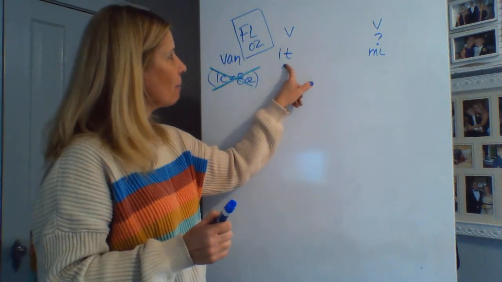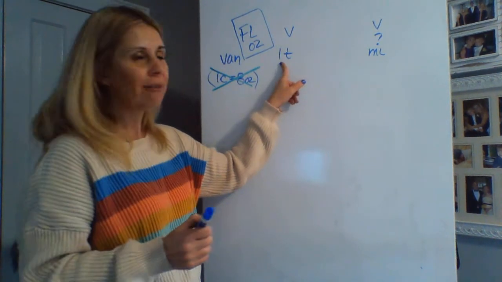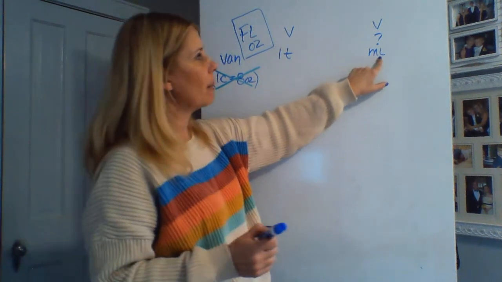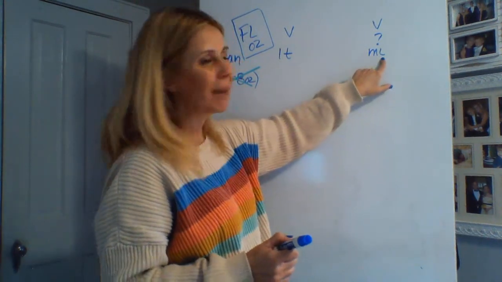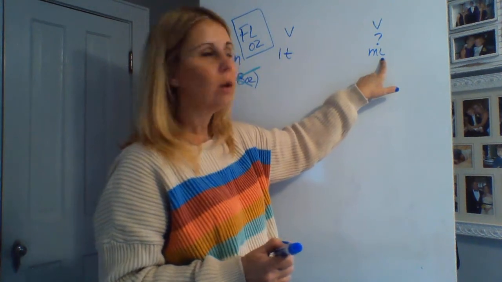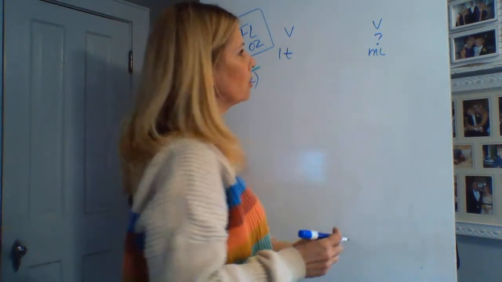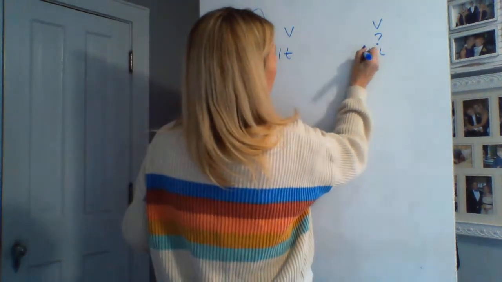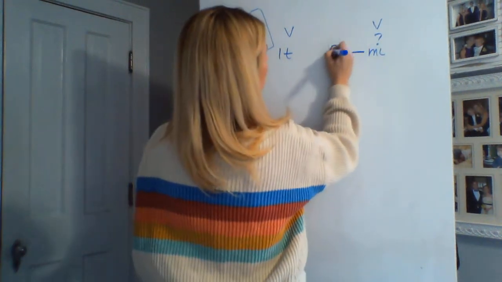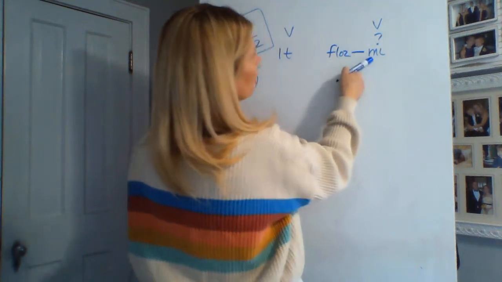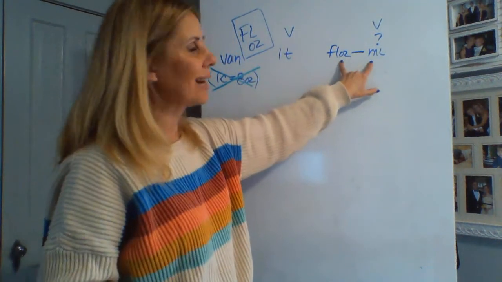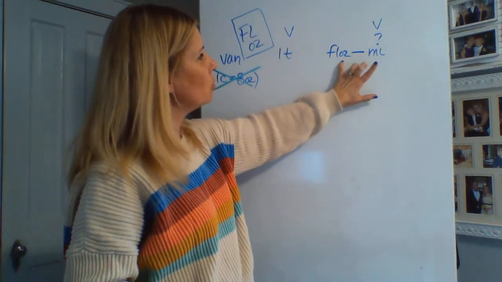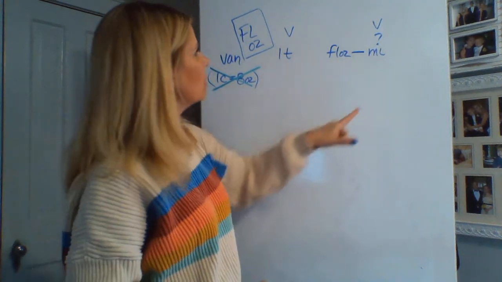I don't have memorized how many fluid ounces are in 1 teaspoon, but I do have memorized how many milliliters are equal to 1 fluid ounce, and we learned that on page 9, and hopefully you have that memorized now. So I'm going to put it right next to milliliter because I know I'm going to want to use this to help me jump from US customary volume to metric volume.